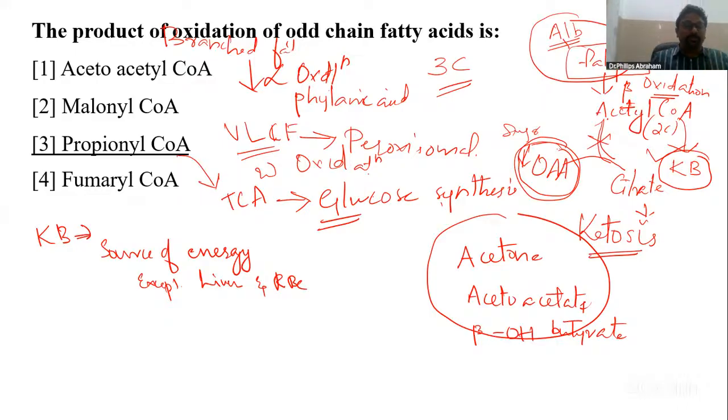So 3 points. Where is it synthesized? Liver. What's the use of it? Source of energy in the absence of glucose. Third, who cannot utilize it? Liver and RBC. So please note, the liver synthesizes ketone bodies, but it cannot utilize them. Why? Because of one enzyme, which is another question.